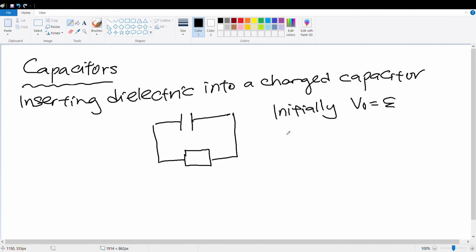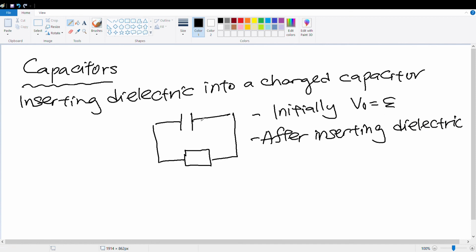Okay, so after inserting the dielectric, we know that the polarization of the dielectric molecules will produce the reverse electric field strength. So the resultant electric field strength will decrease, and hence my potential difference across the two plates will also decrease.